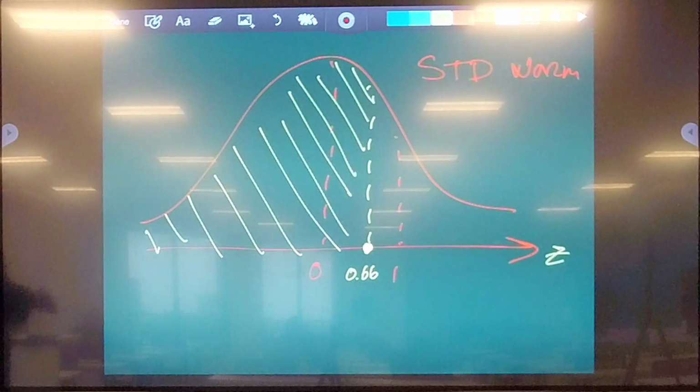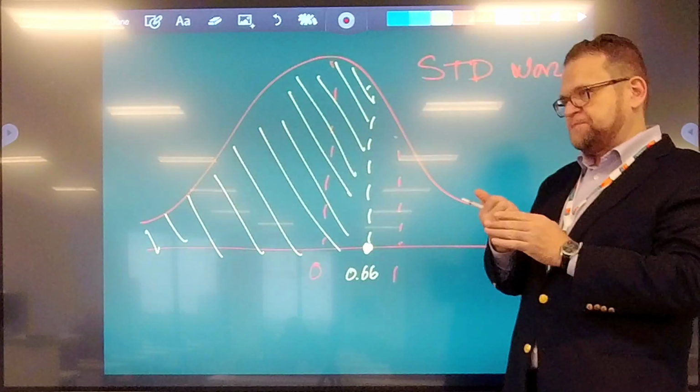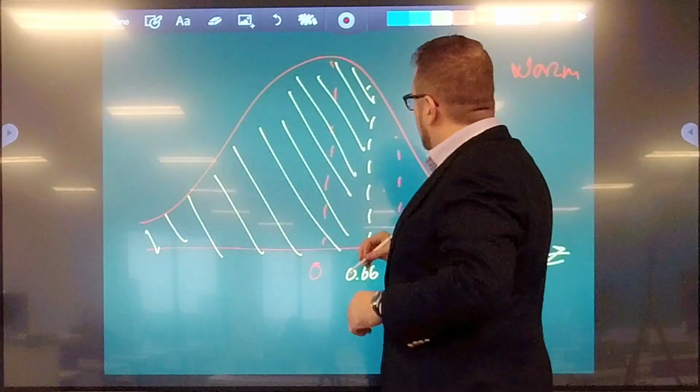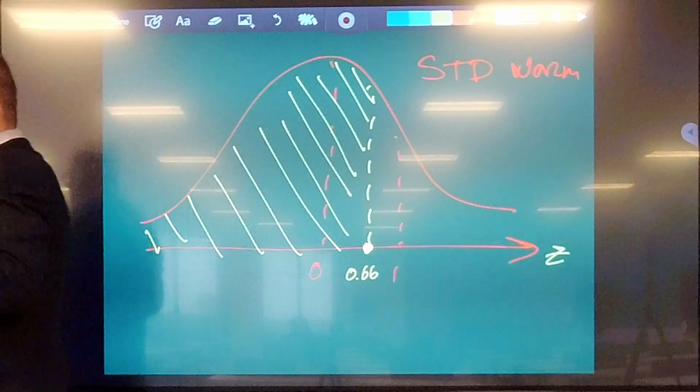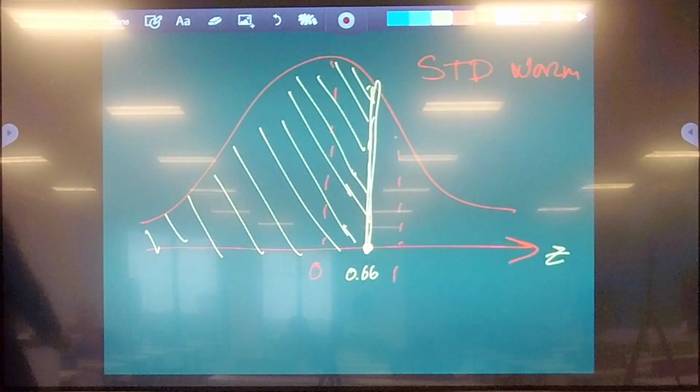Now we need to know how to write down this area notationally. Okay? And the reason to know that is because the calculator uses this notation, and it pays to know it.